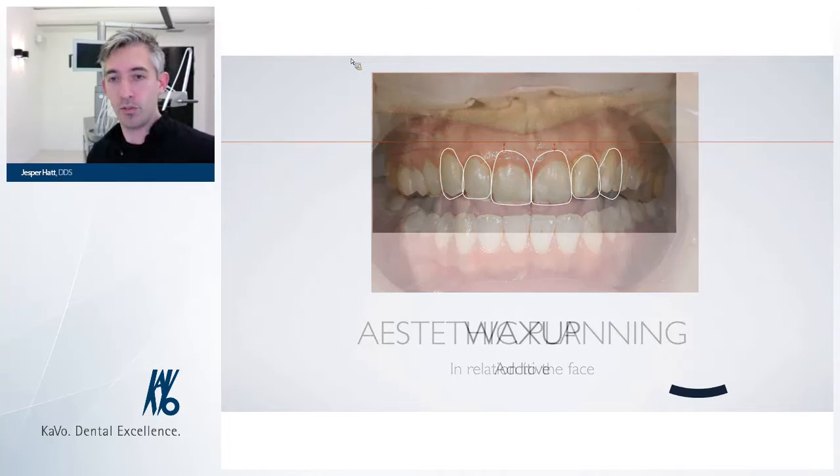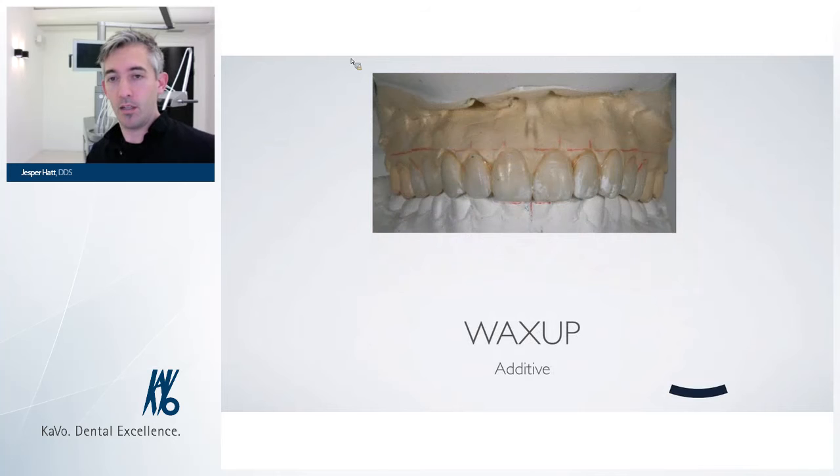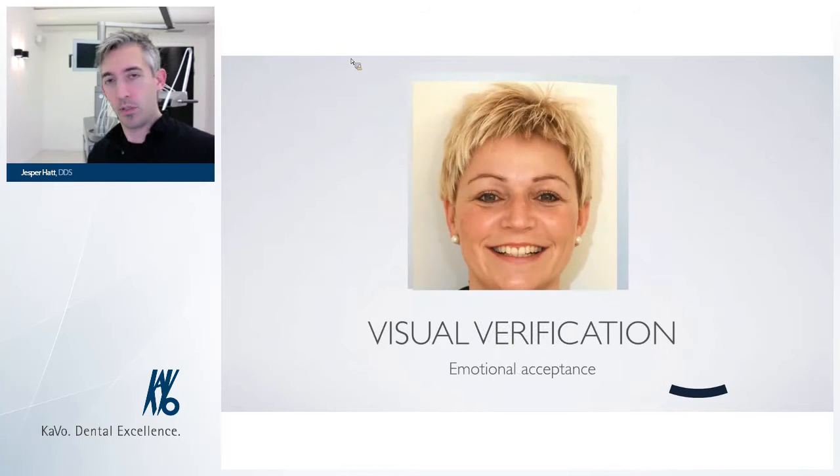Now we can transfer this to the stone model, as I said. We make an additive waxup, and we can present it to the patient. And we usually do this before anything else. We want the patient to have ownership of her own treatment. So we need an emotional acceptance.